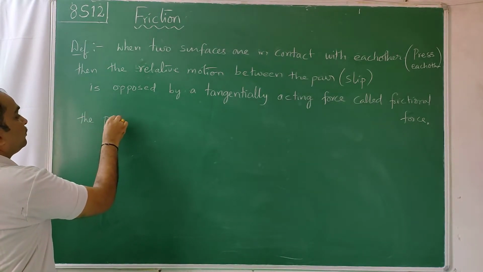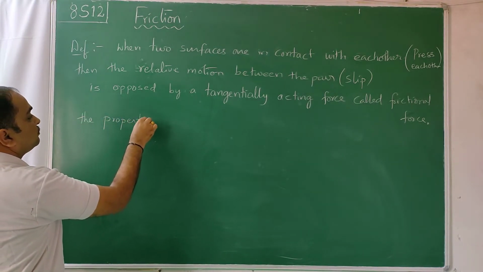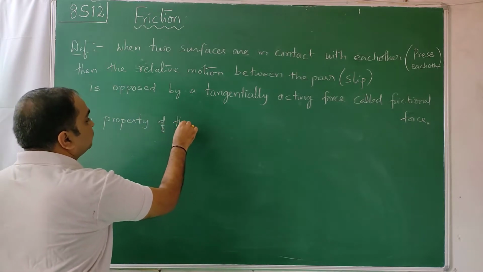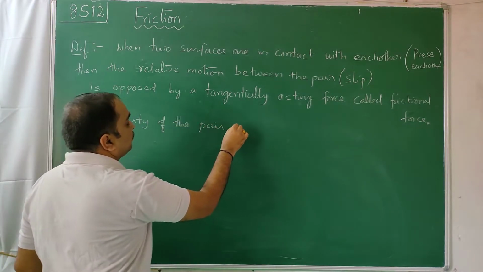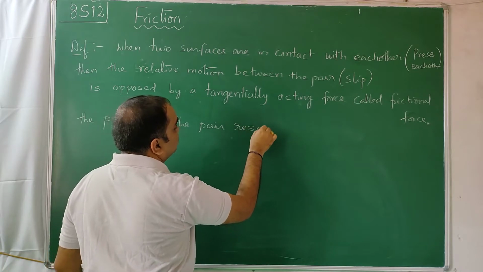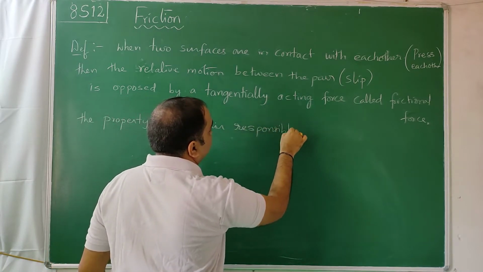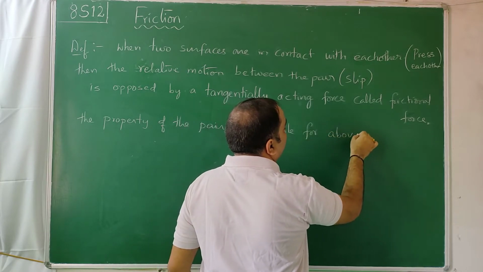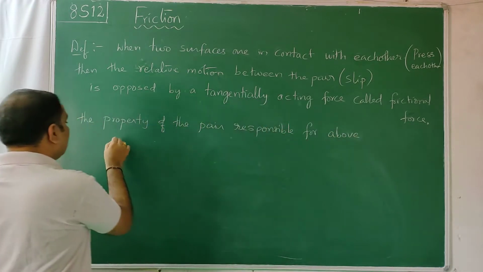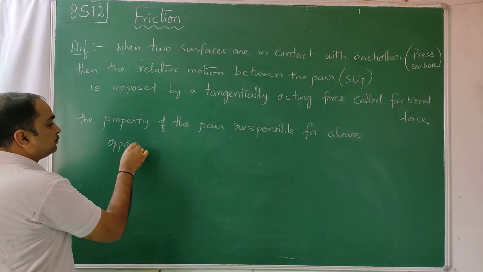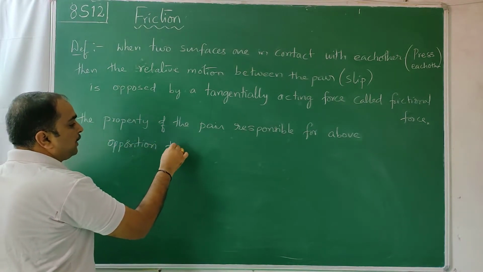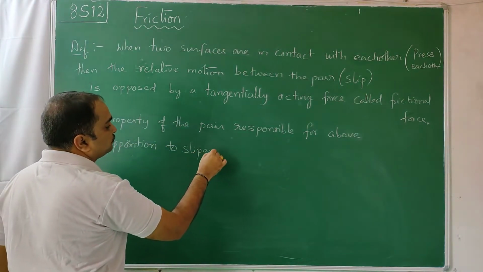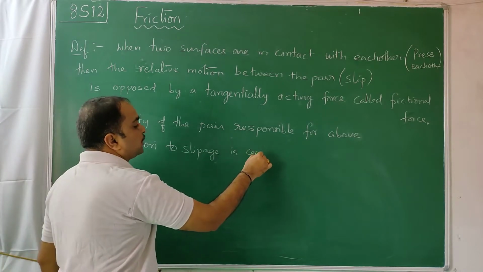The property of the pair responsible for the above opposition to slippage is called friction.